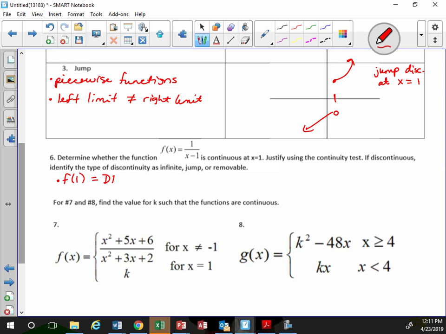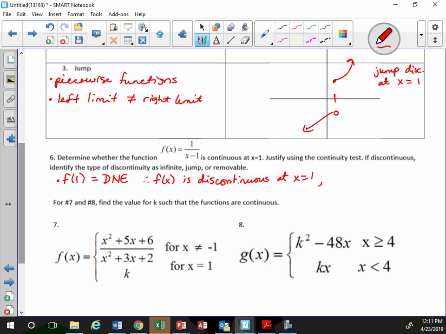It does not exist. So therefore, f of x is discontinuous, or not continuous, whatever you want to write, at x equals 1.